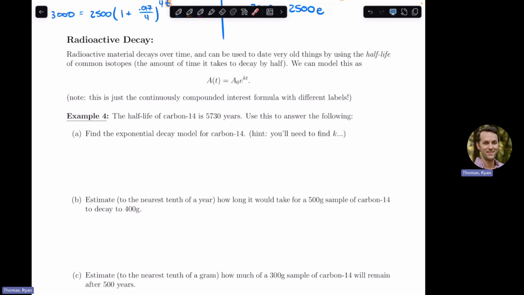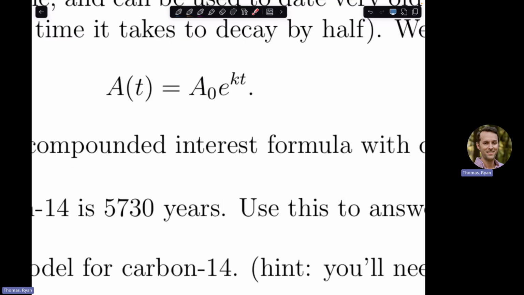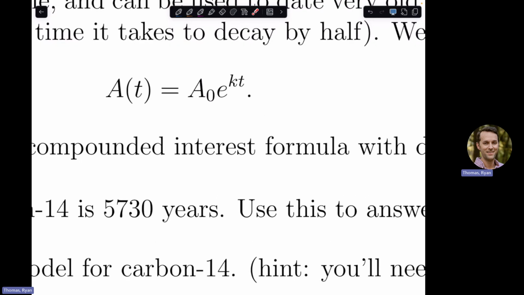So this must be 20,000 years old or whatever, right? This is a very rough idea of how the thing works, but the modeling works exactly the same way as the continuous interest thing. The only difference is that instead of growing over time, like the money in a bank account would, the amount of this radioactive material decays over time.